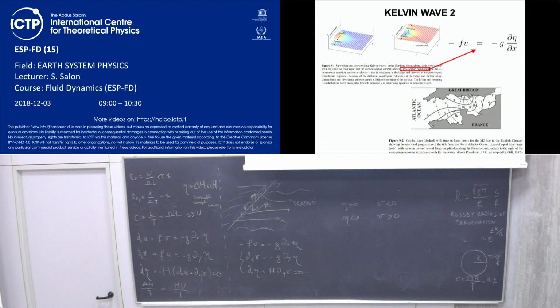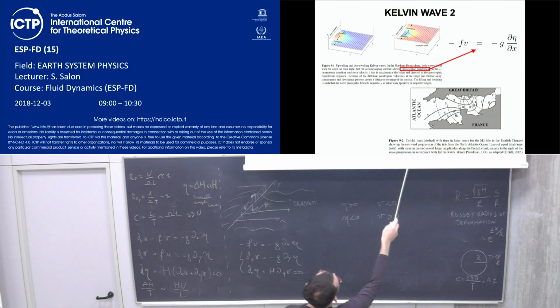Okay? So what is exactly the meaning of this Kelvin wave? We are still looking at something which is in geostrophic equilibrium, because this is still applying. And this is a disturbance which is added to the geostrophic equilibrium. So it's a wave which is traveling within the geostrophic flow. So geostrophic equilibrium in the x momentum leads to a velocity that is maximum at the bulge and directed as geostrophic equilibrium requires.